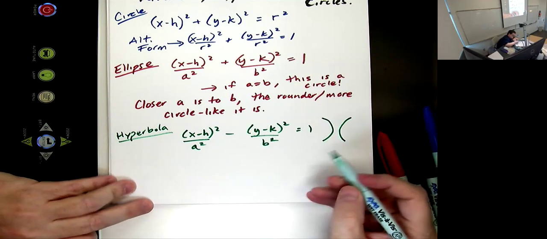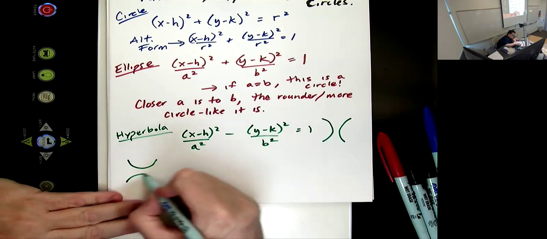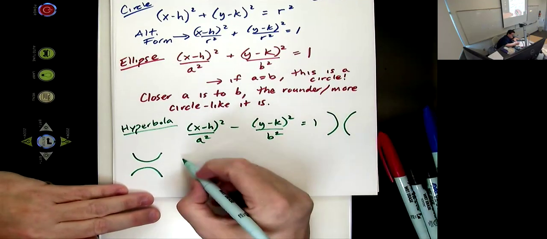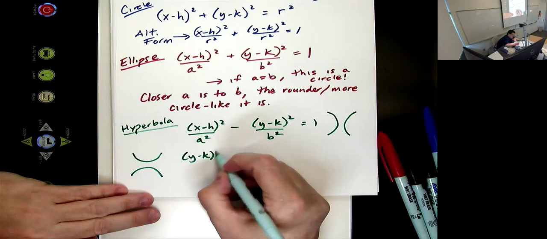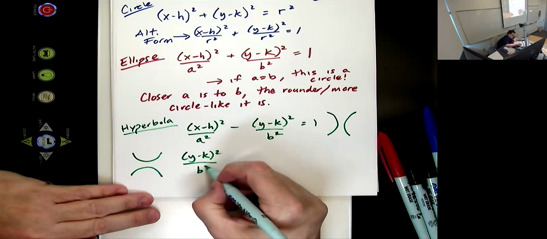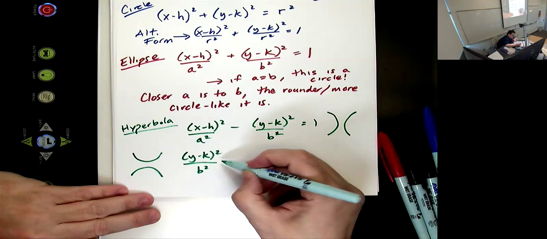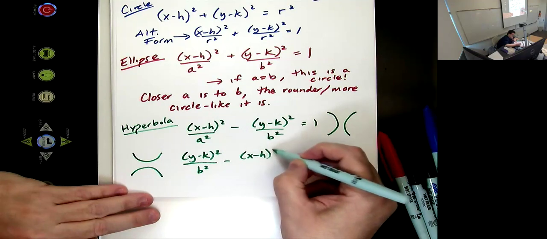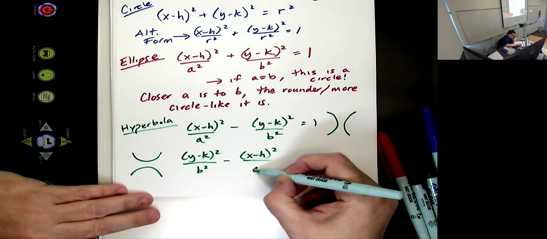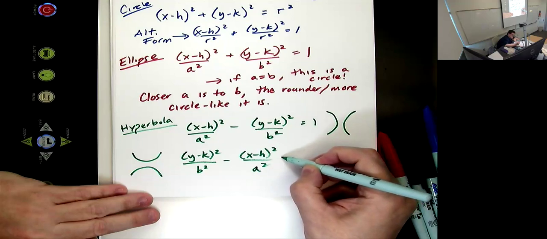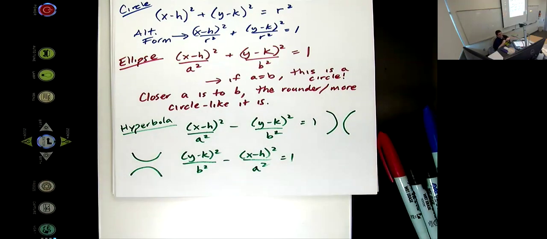What about an up-down one? It's (y minus k) squared over a squared minus (x minus h) squared over b squared equals 1. Hyperbolas have eccentricity as well, so do parabolas.